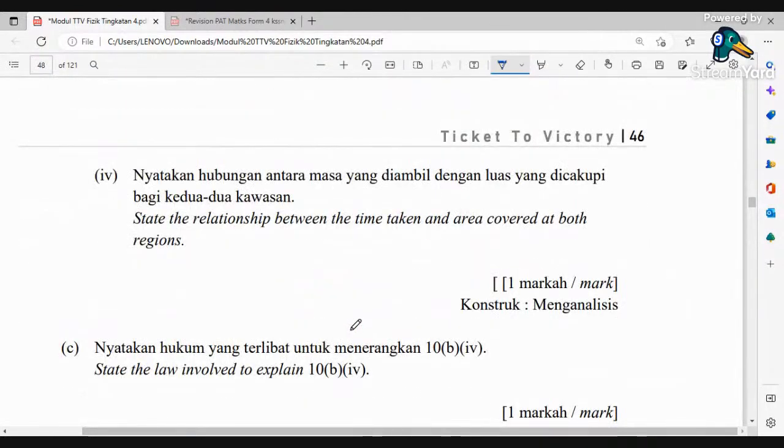So what we can say about this one? The time taken same.